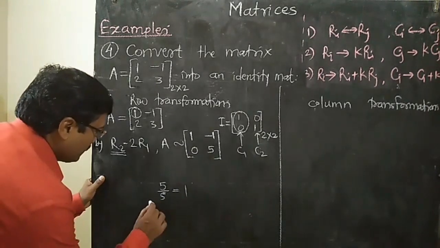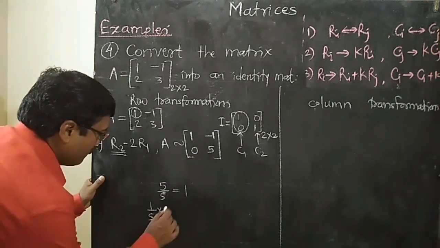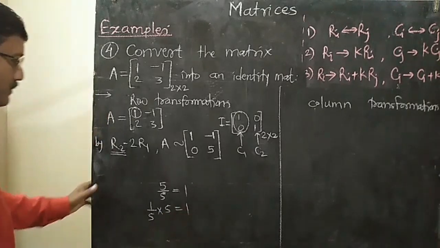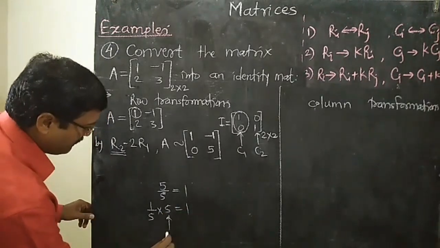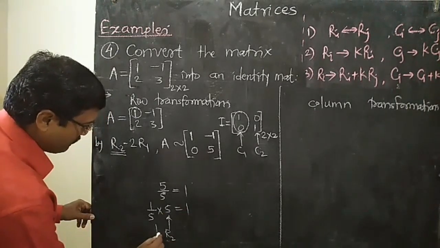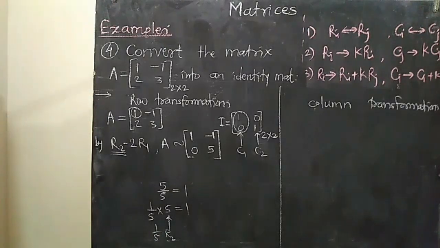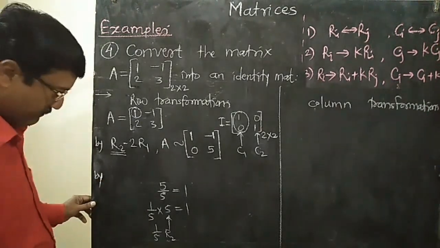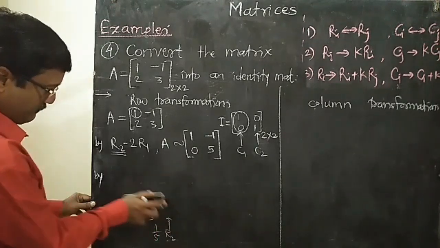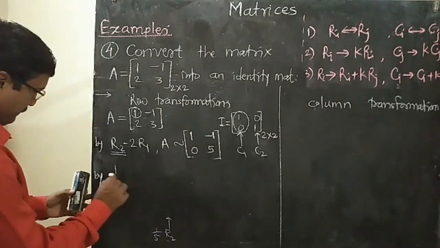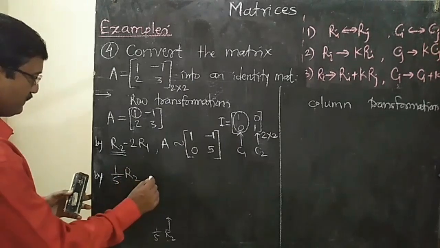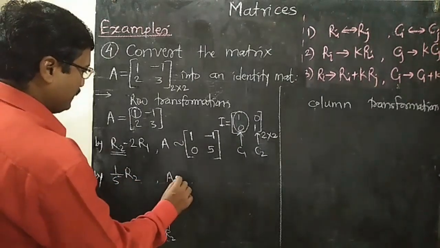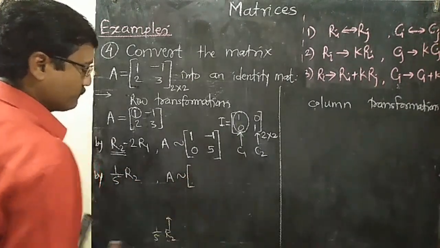This division can be written in the form of multiplication as 1/5 of 5 is equal to 1. So we will operate here this elementary operation, that is 1/5 of R2. So by the second step, by 1/5 of R2, we get A equivalent.